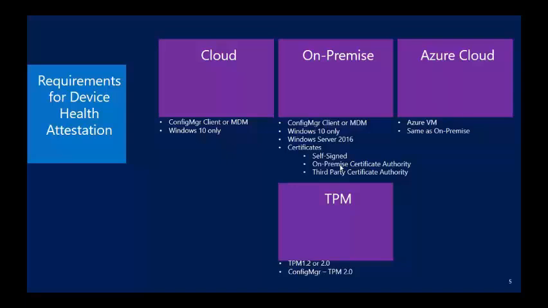Then we progress to the Azure Cloud piece of Device Health Attestation, and in that scenario, it's basically the same as on-premise, except you're running in an Azure VM. All of these scenarios only work whenever you have a TPM chip on board the device that you're trying to use. And what that also translates to, as I kind of found out through trial and error, is this only works for physical hardware.